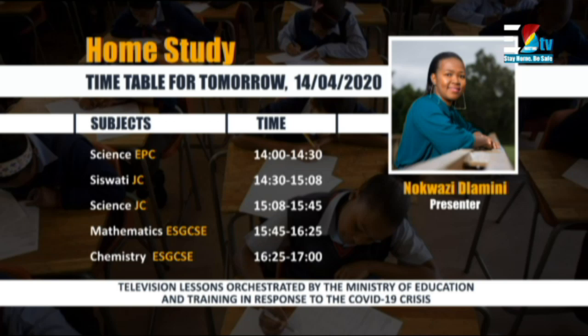Then we have mathematics from 4:45 until 4:25. Then we have chemistry from 4:25 until 5 o'clock. So I hope you guys are ready for that. And please remember that since it was a holiday, today we were doing Friday's timetable. So tomorrow we're going to do today's timetable.